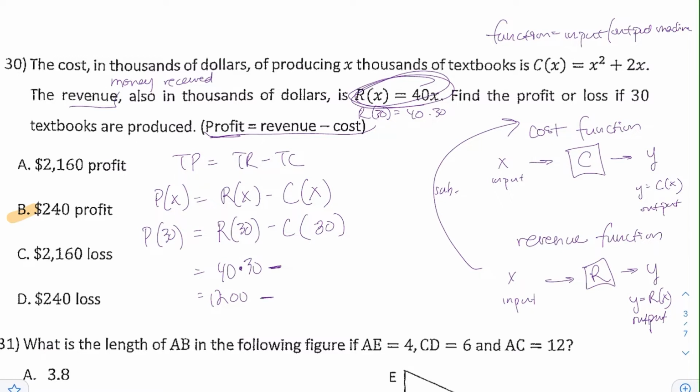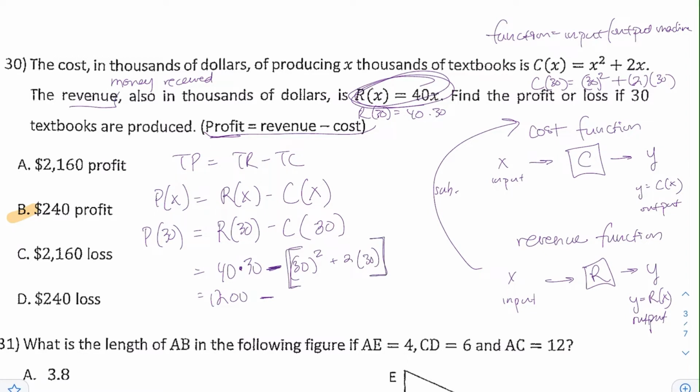And you're subtracting C of X, or in this case C of 30, which means everywhere you see X, you're going to replace it with a 30. So this will be 30 squared plus 2 times 30, and this is all in parentheses, so we have to subtract this whole thing.